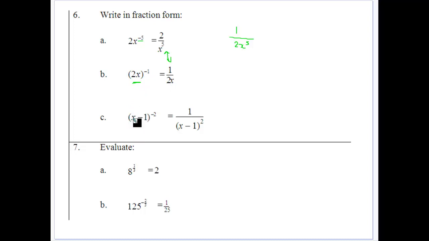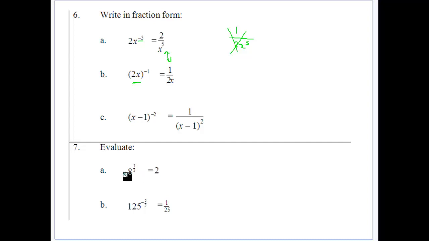The same thing here, x minus 1 to the power of minus 2 gives us 1 over x minus 1 all squared, so the whole thing goes over because it's in the bracket. So be really careful, know the difference between these two, because that one would not be correct, because the 2 has to stay on top because it's not to a negative indice there.